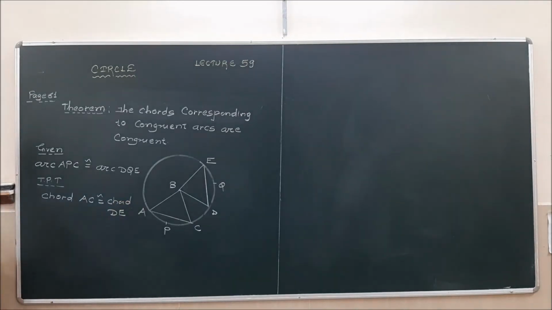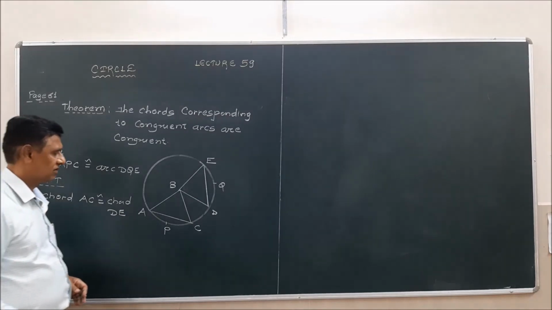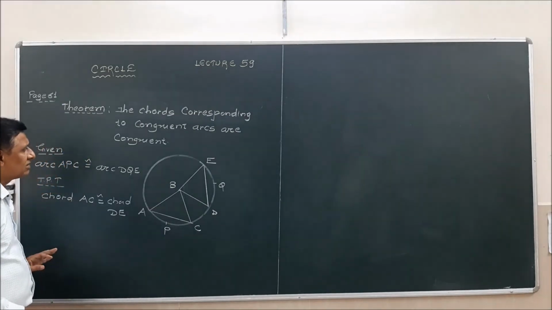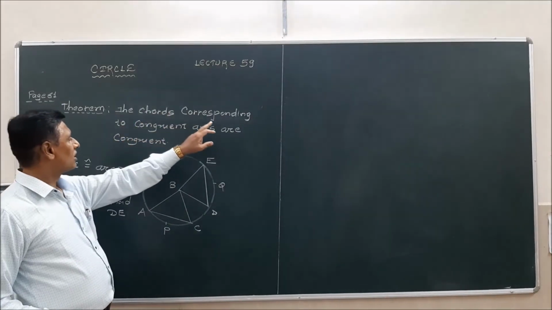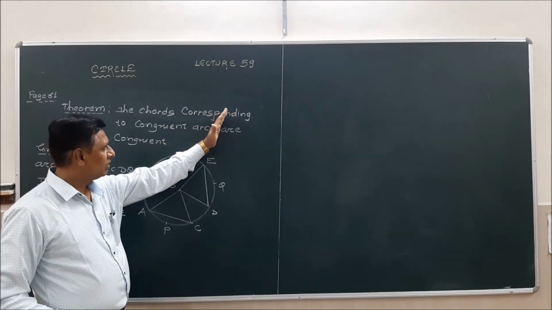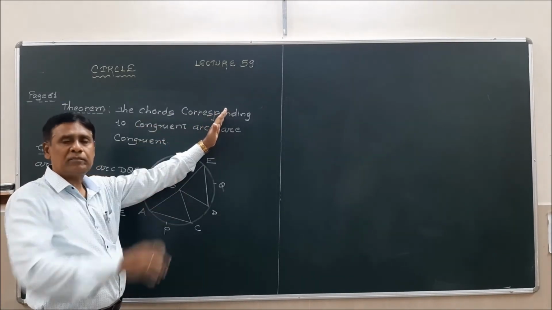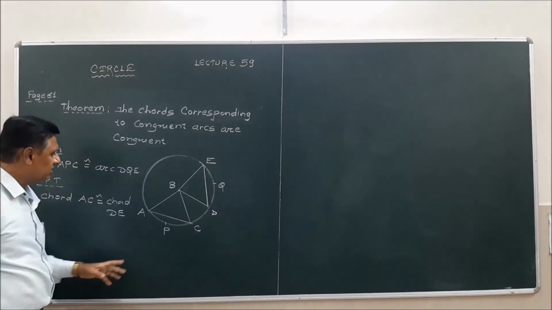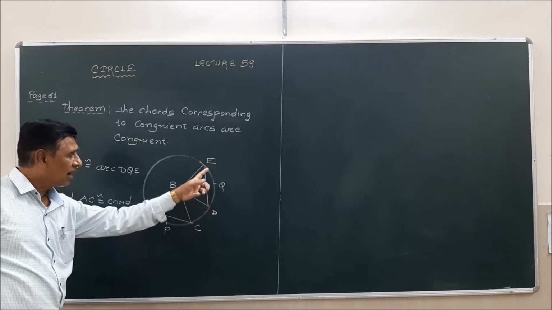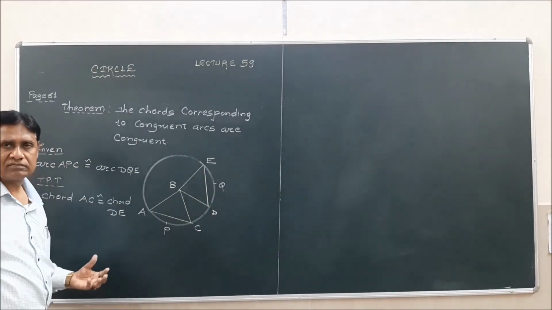They have given us the theorem in fill in the blank type, but I prefer to write this theorem. Now you will find the chords corresponding to the congruent arcs. If you consider this beginning part only, then you will find arc APC and arc EQD are congruent arcs.